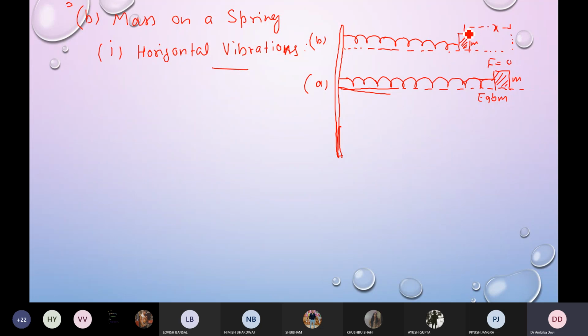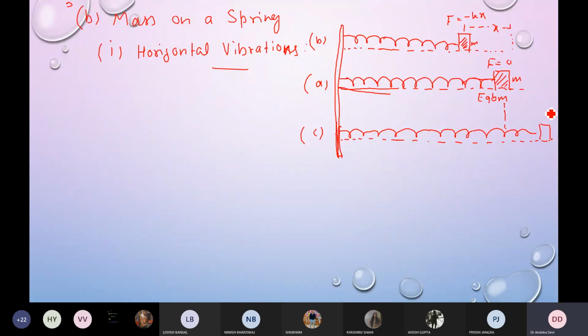Okay, so here we will have the restoring force F is equal to minus kx, right? Similarly, we can have one more situation wherein the spring has been stretched such that a displacement x has taken place on the positive side.